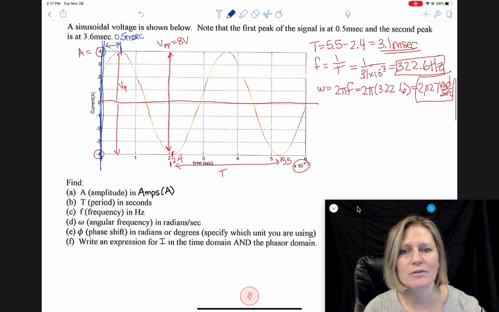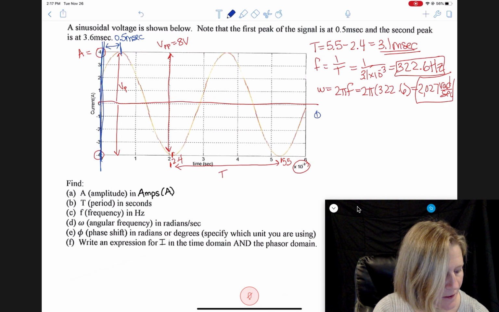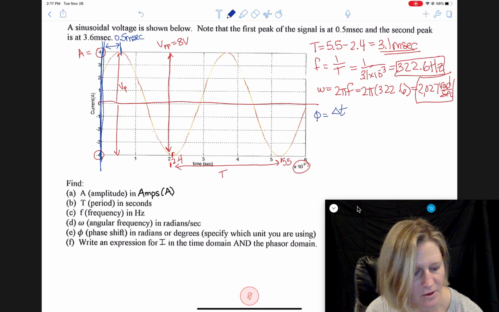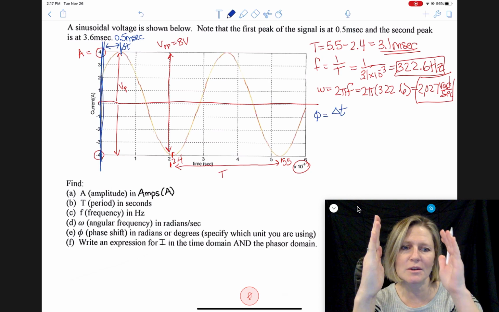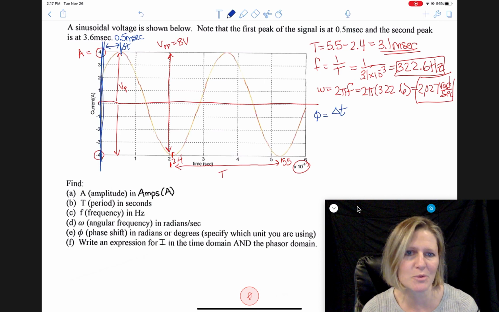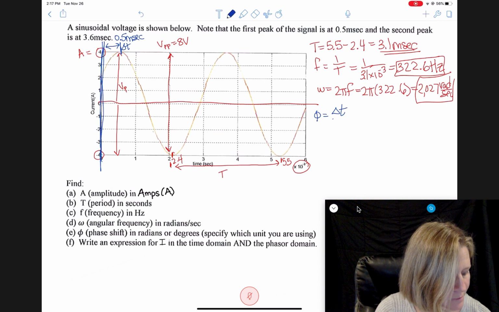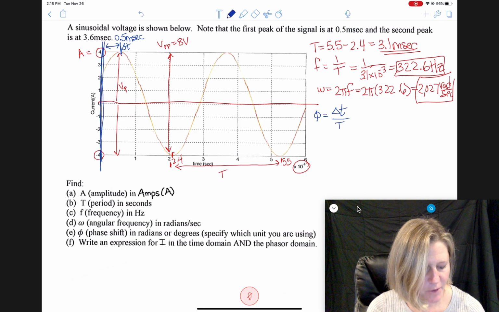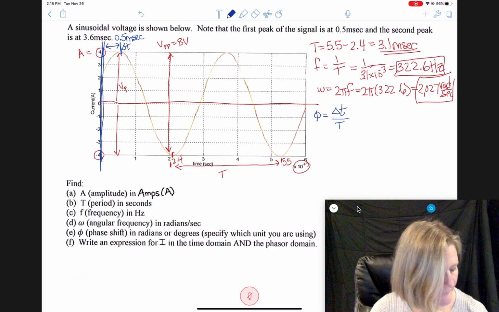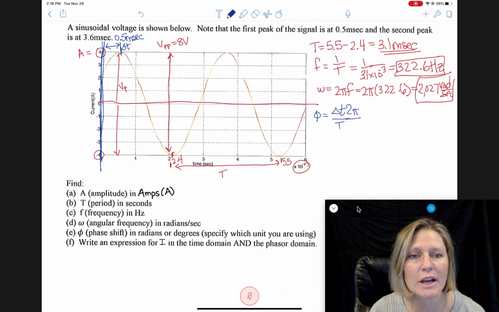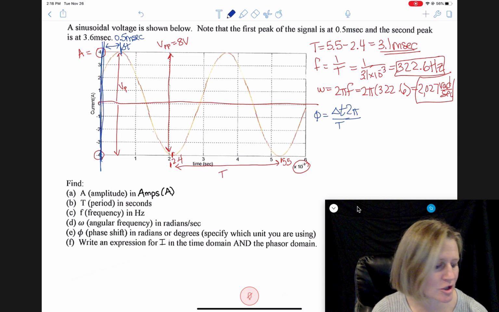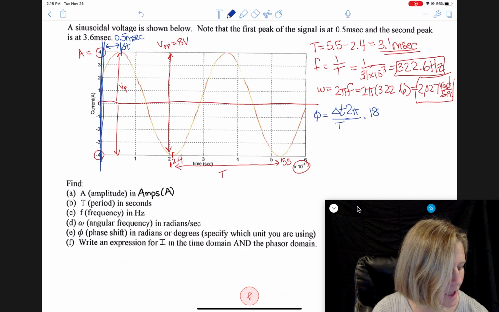The equation for the phase shift is delta t, the time difference between the peak of the input compared to the peak at my output, over the time period T, times 2 pi, so this is in radians. If we want to change it to degrees, we use 180 degrees divided by pi.